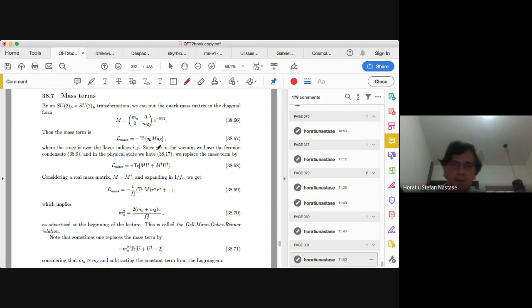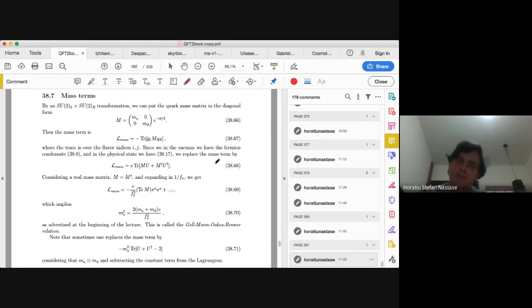But then we saw that in the vacuum we have the fermion condensate: <0| Q bar left_i Q right_j |0> is equal to minus V δ_ij, whereas in the physical state U we have on the right hand side minus V U_ij.